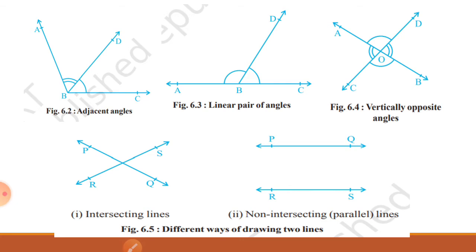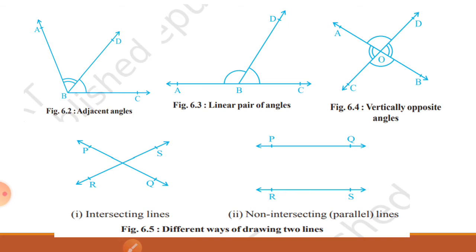So we can say that an acute angle measures between 0 degree and 90 degree, whereas a right angle is exactly equal to 90 degree. An angle greater than 90 degree but less than 180 degree is called an obtuse angle, and a straight angle is equal to 180 degree.